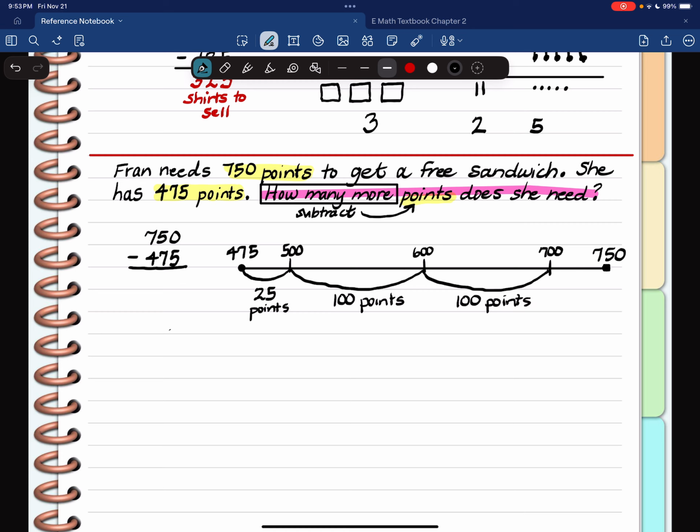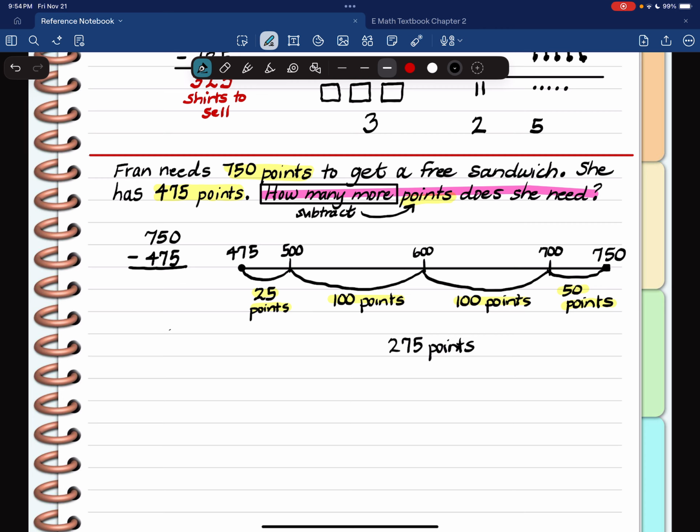And then from 700 to 750 would be 50 points. And we can add these up to get our answer. So we have 200, 50, 75. 200 plus 25 plus 50 is 275 points.